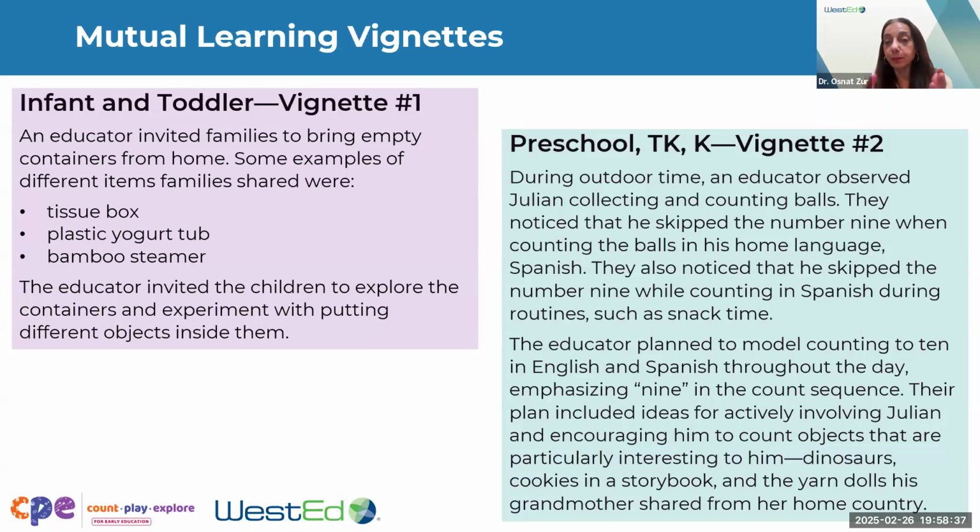But all of this in both of them became even more meaningful when we rely on objects from home or when we observe a child using the home language. Now it's not at the very surface level and expecting all children to be the same, but really noticing the nuance and paying attention to individual characteristics of children.